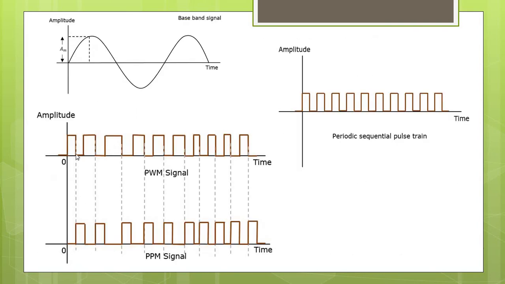Again, here we have taken the trailing edge of the PWM signal. So at this trailing edge, the monostable multivibrator is triggered. So immediately it generates a pulse of constant width. Again, at the trailing edge of the next pulse, the monostable multivibrator is triggered. So it generates a fixed duration pulse.